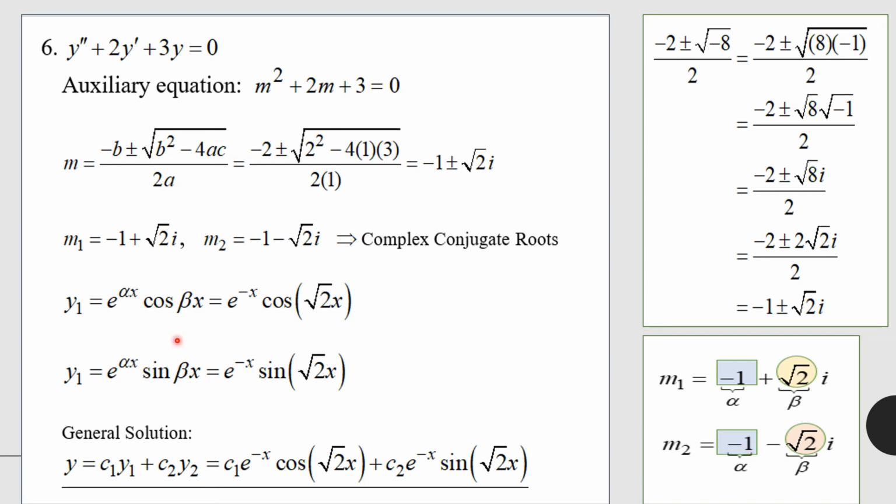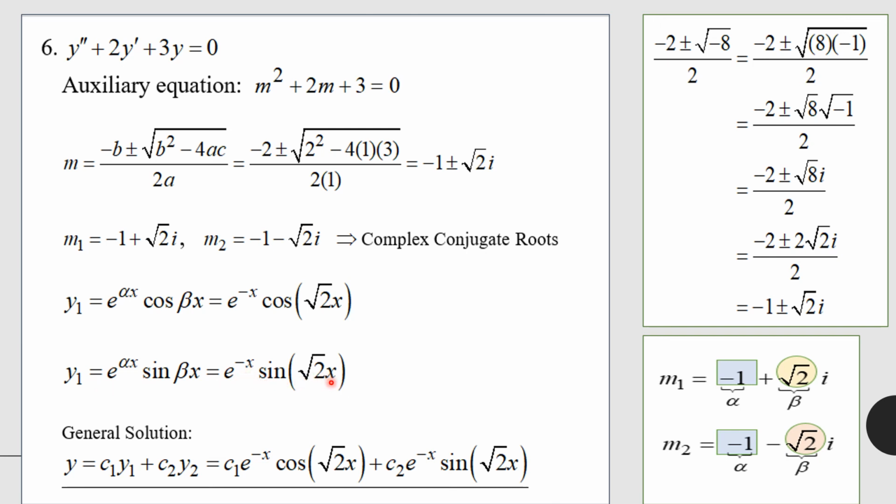So we have y1 is e to the negative x cos square root of 2x, where alpha is negative 1 and beta is square root of 2, and y2 is e to the negative x sine square root of 2x.